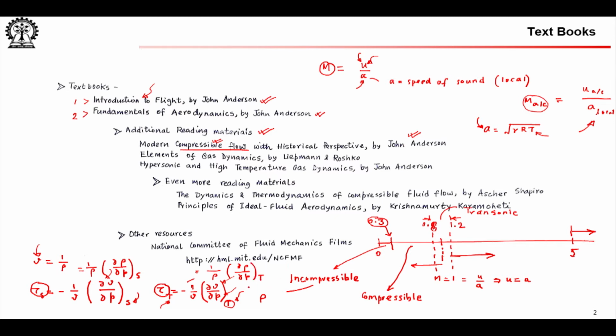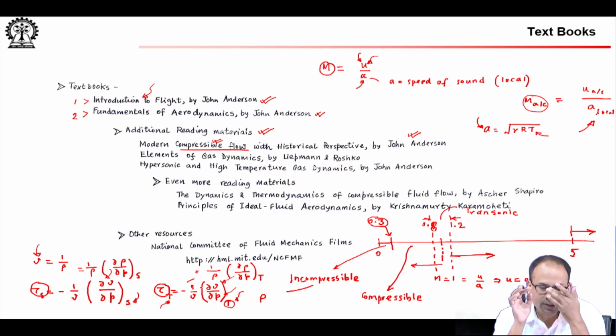But the problem is, at this point do not think that this is all the discussion about these things we are going to have. We will spend enough time on discussing what is compressibility of a fluid and what is compressibility of a flow. Now, these are two slightly different things.